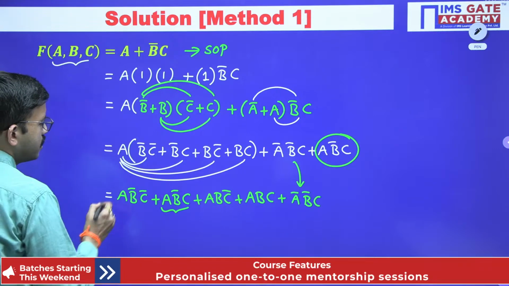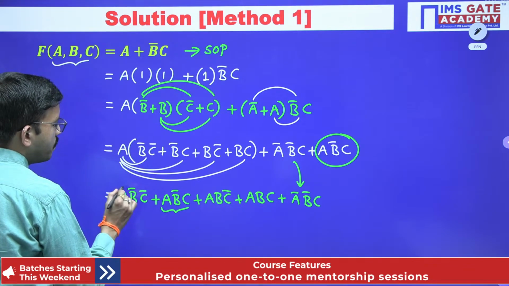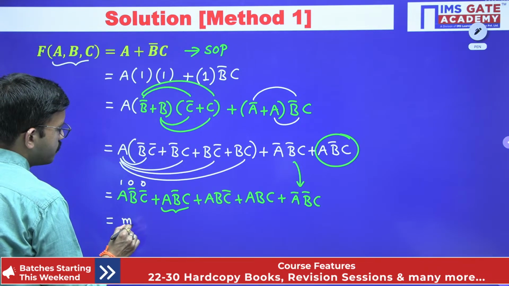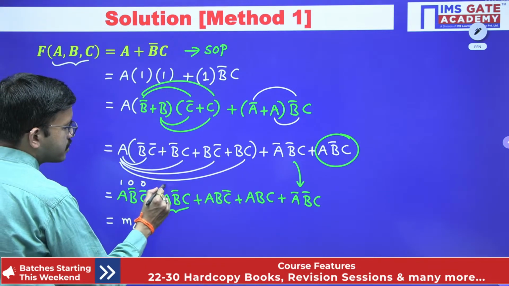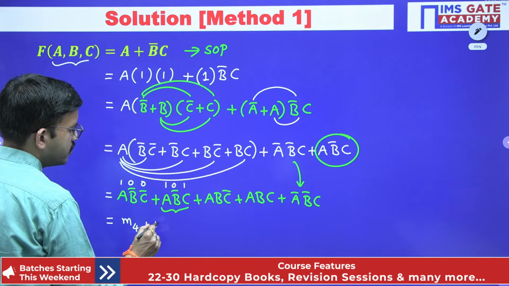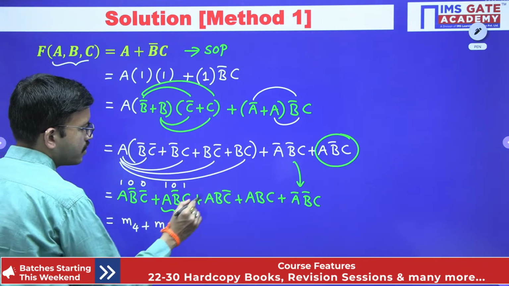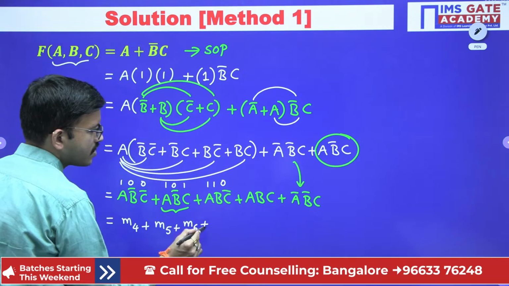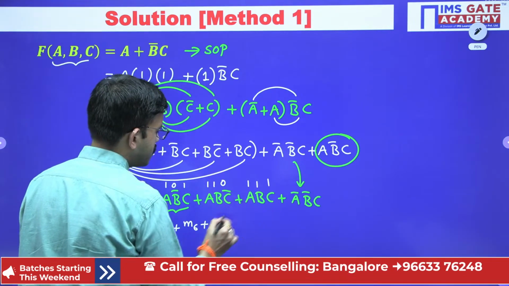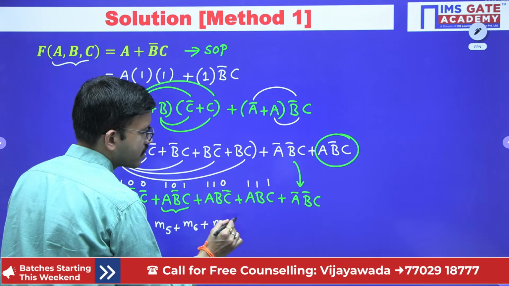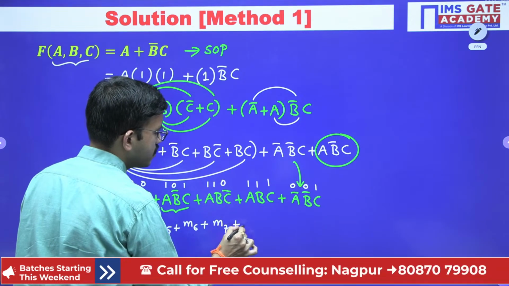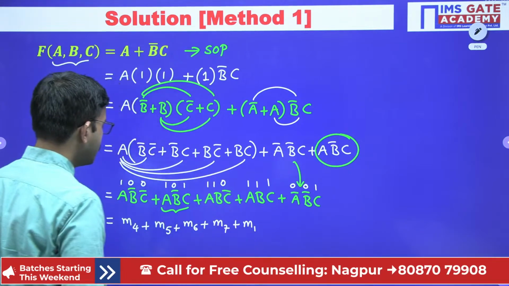Just write the corresponding binary values. 100 is nothing but 4. Next, 101 is 5. Next, 110 is 6. 111 is 7. Next, 001 is 1. Just write in ascending order.